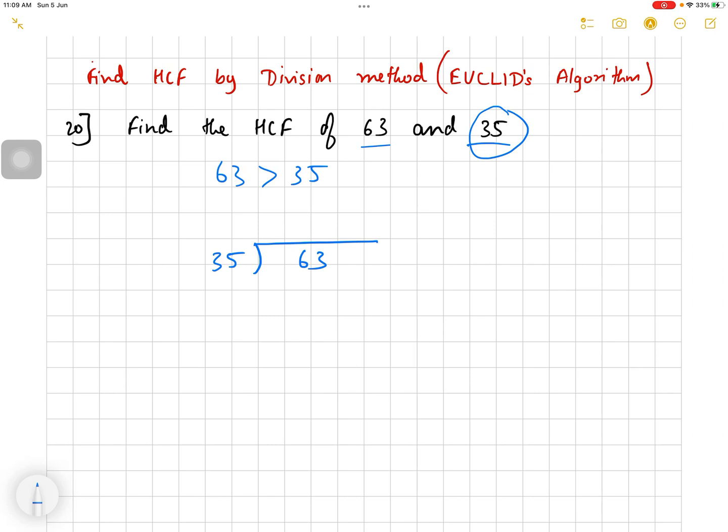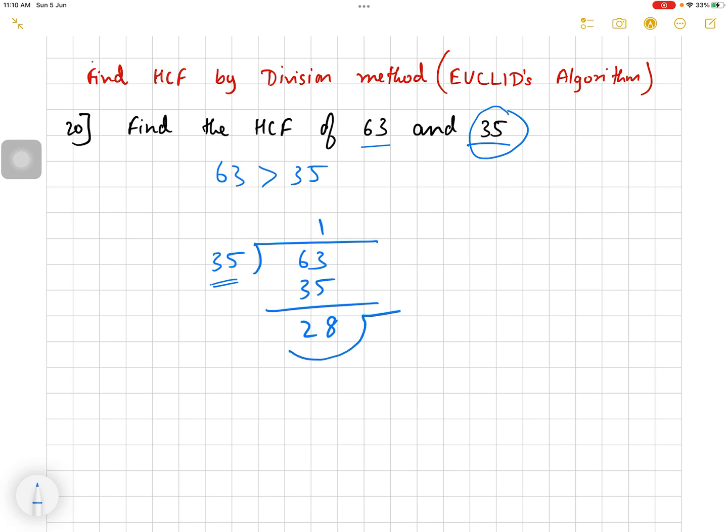So 35 ones are 35. Okay, so what is the remainder? 63 minus 35 is 28. Now whatever was the previous divisor, that will become your dividend.